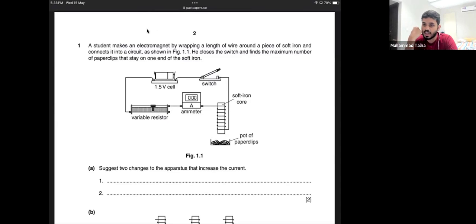You are in the right direction, but how do you increase the voltage? Because it doesn't have a knob or something that you can just rotate to increase the voltage, right? You can say you can put another 1.5 volt cell in series with it, right? That basically adds up to the EMF. So you can say something like that.